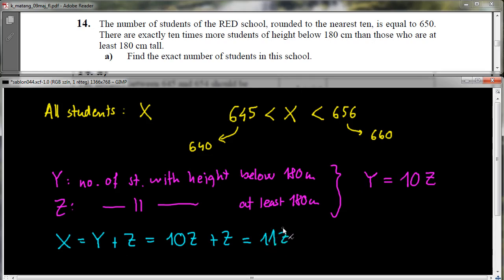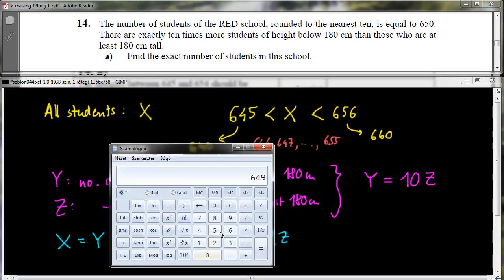So how can we find z then? Maybe you can also try the numbers between 646 and 647 and so on until 655, and you divide each number by 11 and you check whether it is an integer or not. But there is also a trick to that.